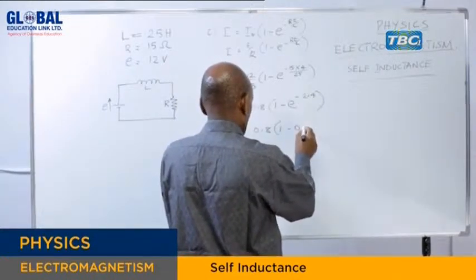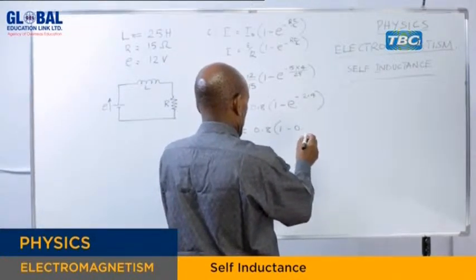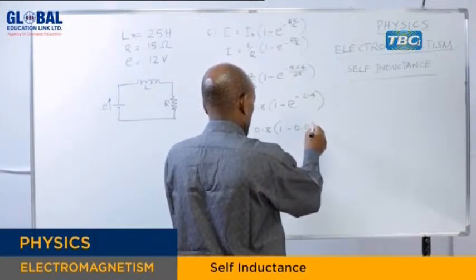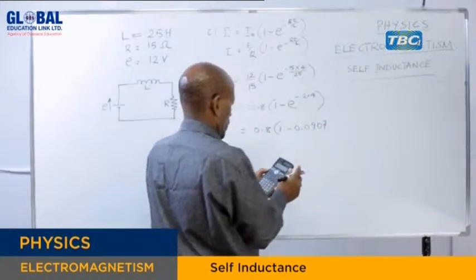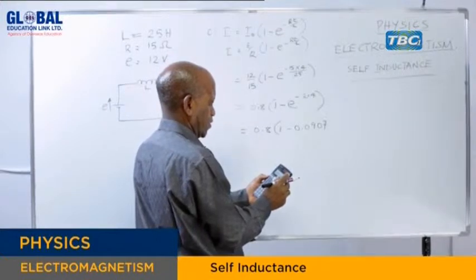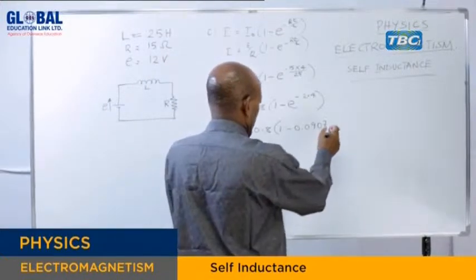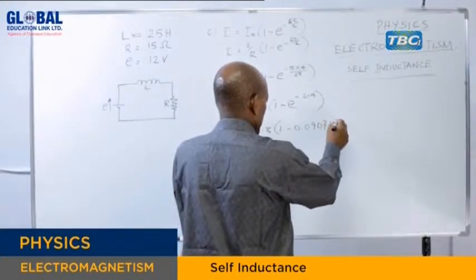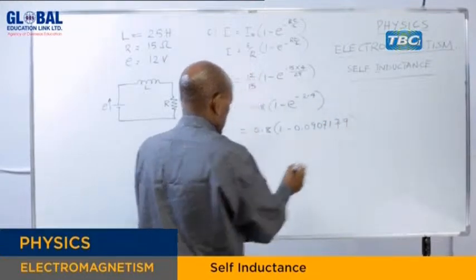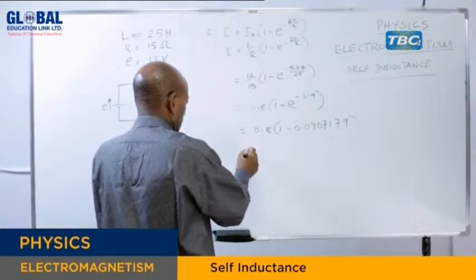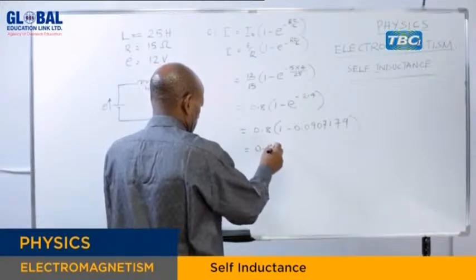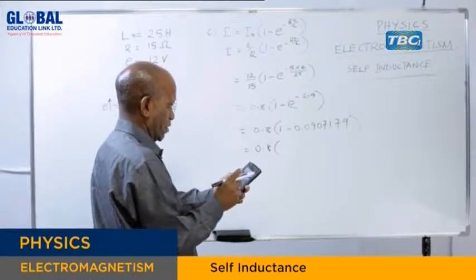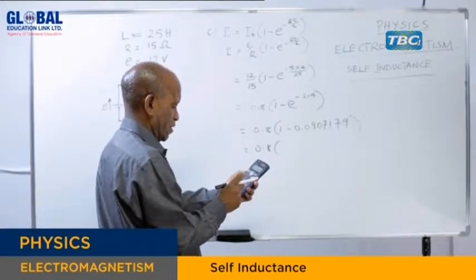This is 0.0907. We proceed from there, and we'll be getting 0.8 times that much, 1 minus that.